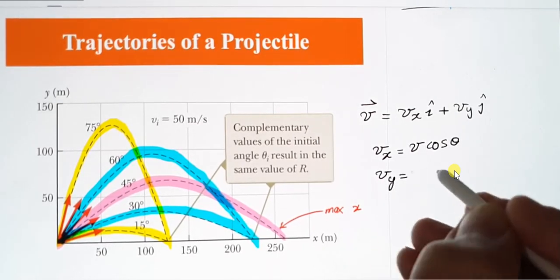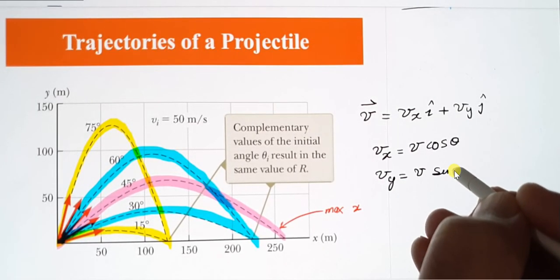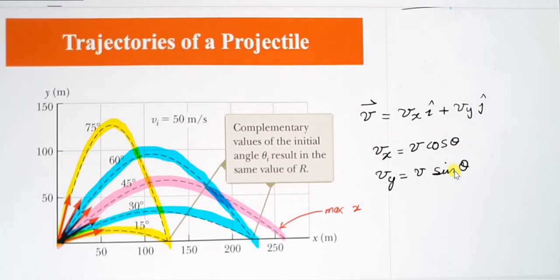The Vy component is equal to V sine theta. So yes, if it is sine 30 and cosine 30, they are equal, but that's the x component and y component. So we just switch x and y components, and we end up with the final result.